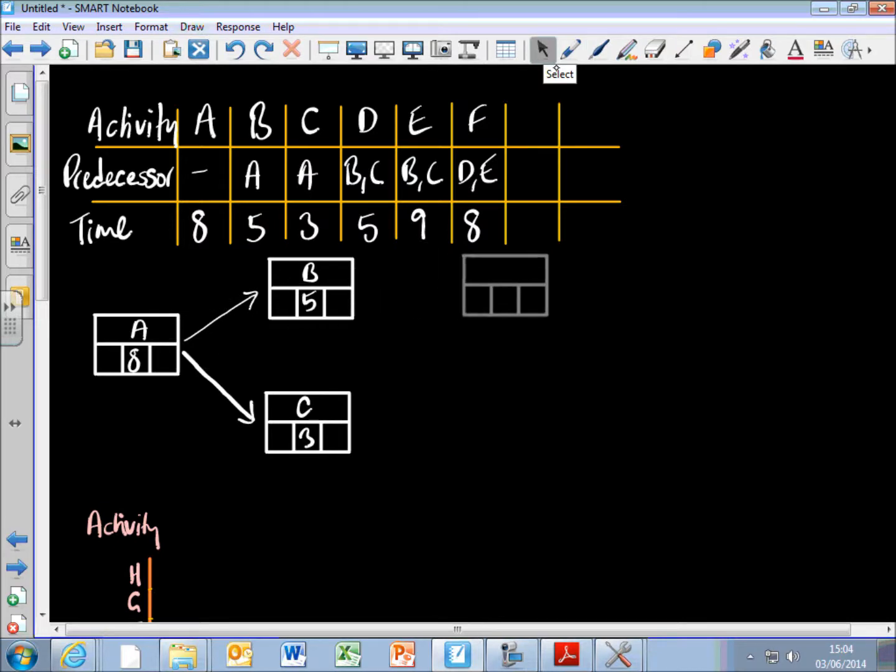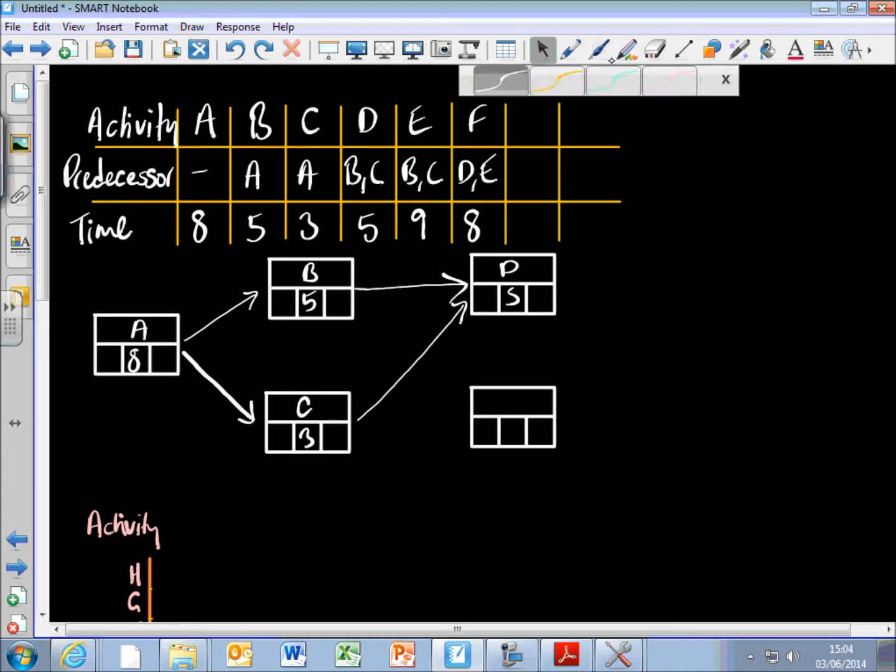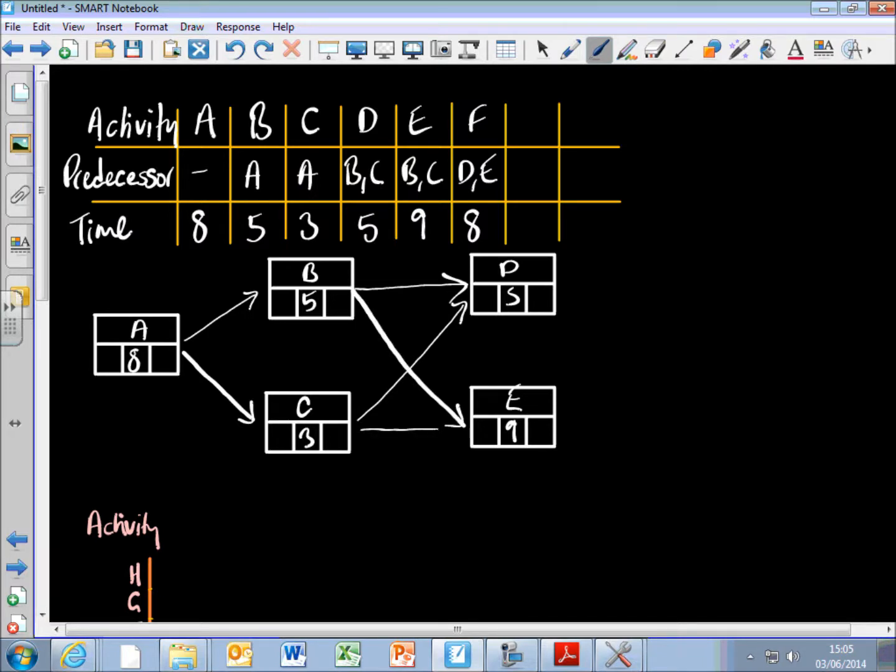And then I've got activity D. It takes 5 days to be done, and I need B to be done and C to be done. So there are 2 arrows coming towards D. I've now got activity E here, that takes 9 days, and requires B to be done and C to be done.